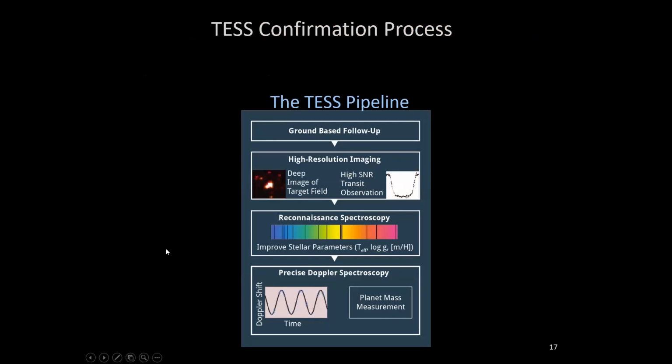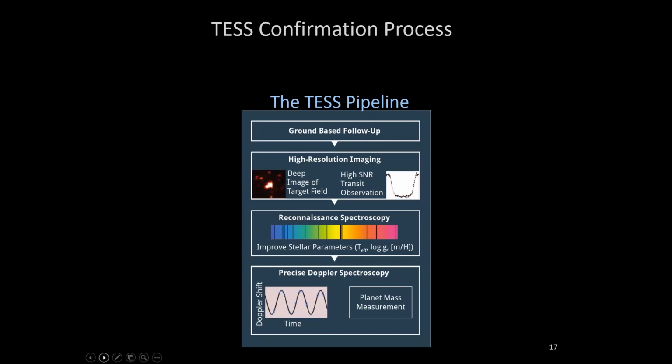The process for confirming an exoplanet, as I said, is very rigorous. It starts at the top with ground-based observing. Once a candidate passes through that filter, if you will, there's some high-resolution imaging that's done, spectroscopy is done, and radial velocity is done to measure the planet's mass.